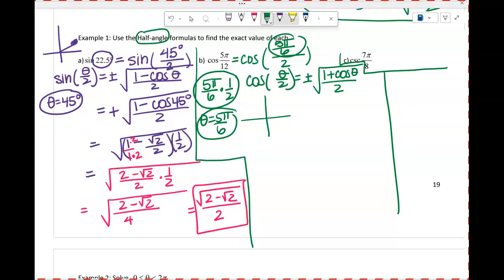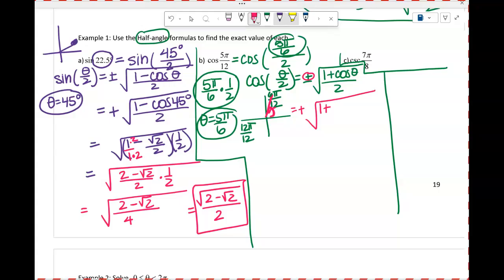Pi is 12 pi over 12, and with denominator 12, this is 6 pi over 12. So 5 pi over 12 is going to be in quadrant number 1. In quadrant number 1, your cosine and sine will both be positive. So we'll do positive. I'm not going to carry the positive throughout, but I'll just write it at first.